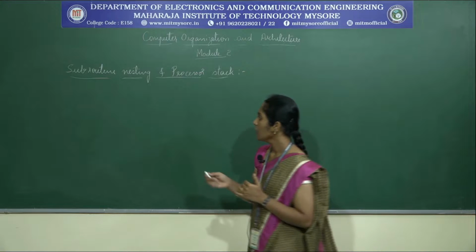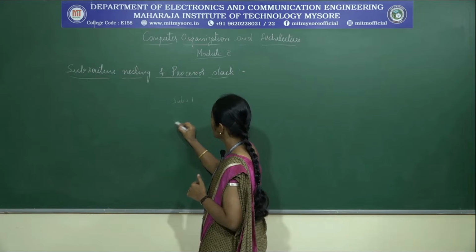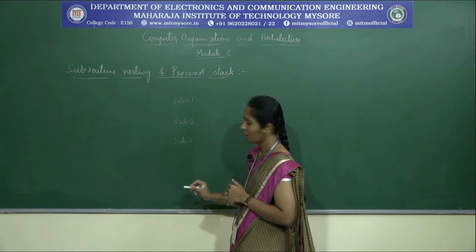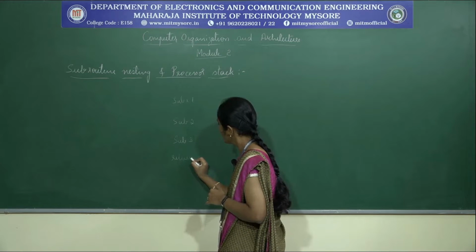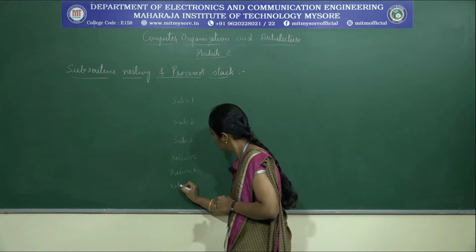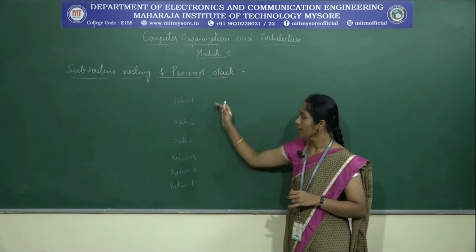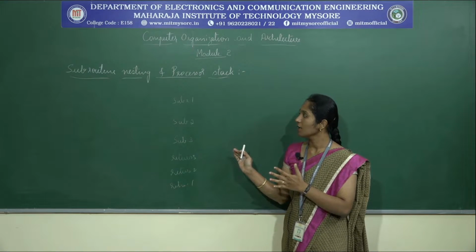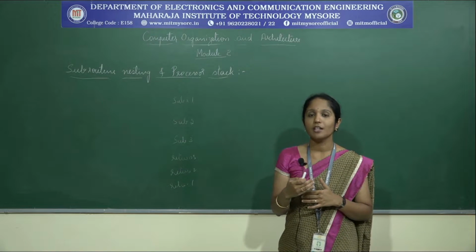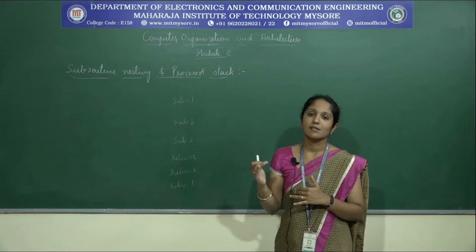Let us assume we have subroutine 1, within that we have subroutine 2, and within that we have subroutine 3, and let us assume we have return 3, return 2 and return 1. This kind of arrangement, where one subroutine is within another subroutine, is called subroutine nesting.